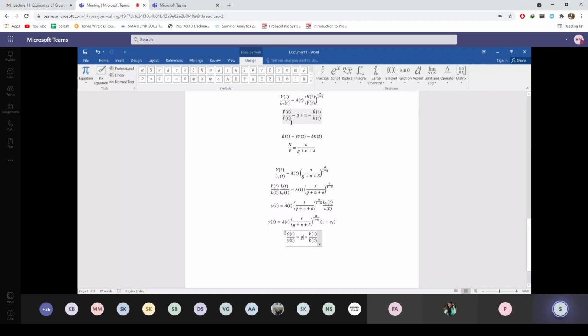Small y dot by y and small k dot by k are growing at the rate of g in the long run. We only analyze long run properties, because the objective is to find the determinants of g in the long run. That means what determines long run technological progress, because that determines the rate of growth of long run per capita output. This is my objective, explaining this y dot by y in the long run.